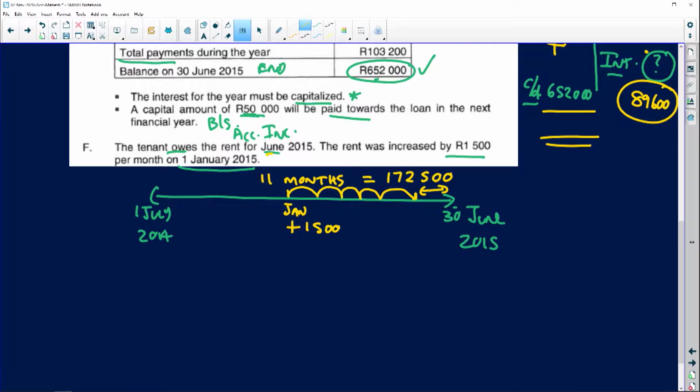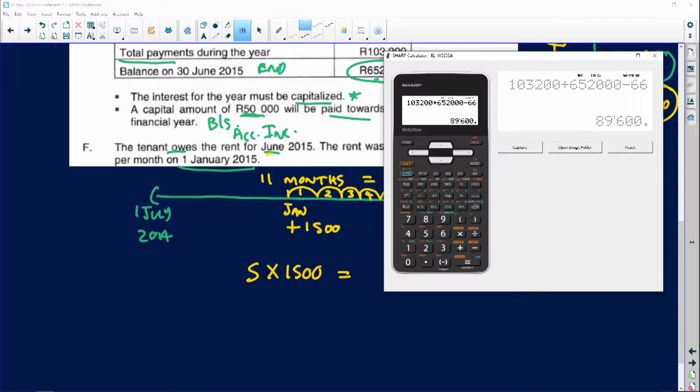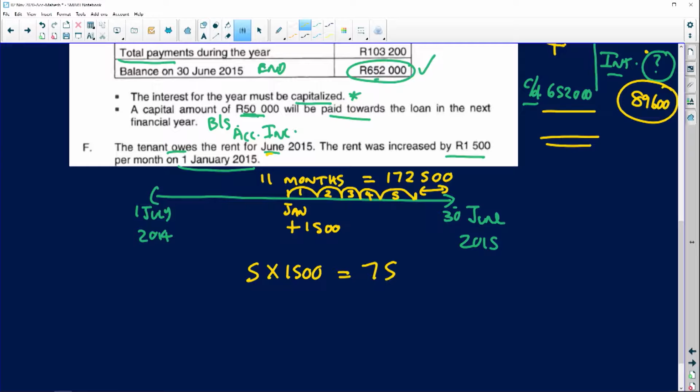So each month for 1, 2, 3, 4, 5, for 5 months, we've received an additional 1,500. So if we take 5 times 1,500, the additional amount that we have been receiving each month, is an amount of 7,500.